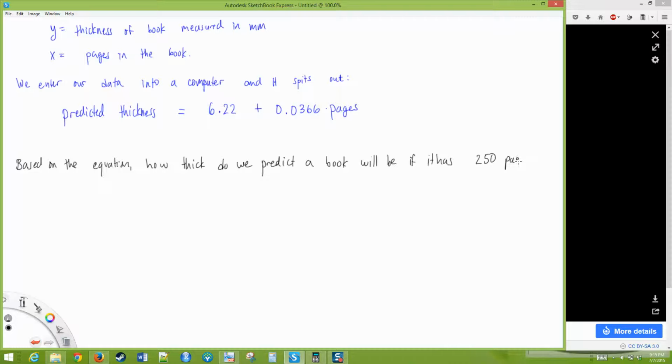If a book has 250 pages, how thick do you think it'll be? So what do we do?